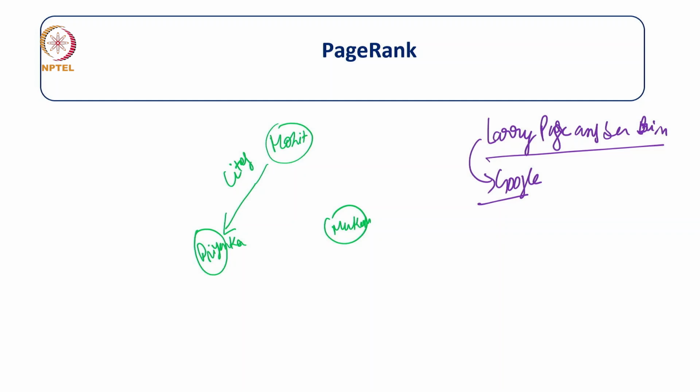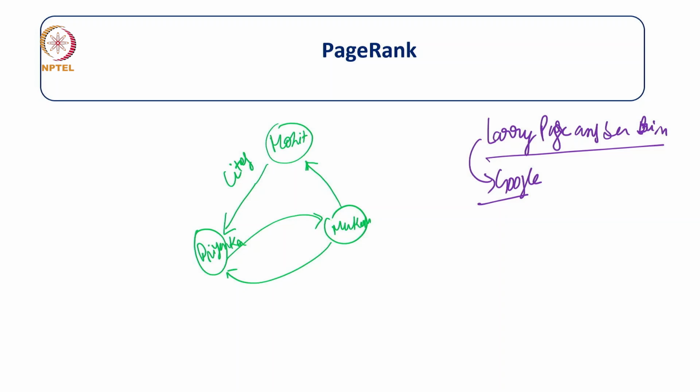Then Priyanka has cited Mukesh, and Mukesh has also cited Priyanka in their paper. And then Mukesh has cited Mohit in one paper. So this is a kind of citation network, where the graph is made based on how they have cited.